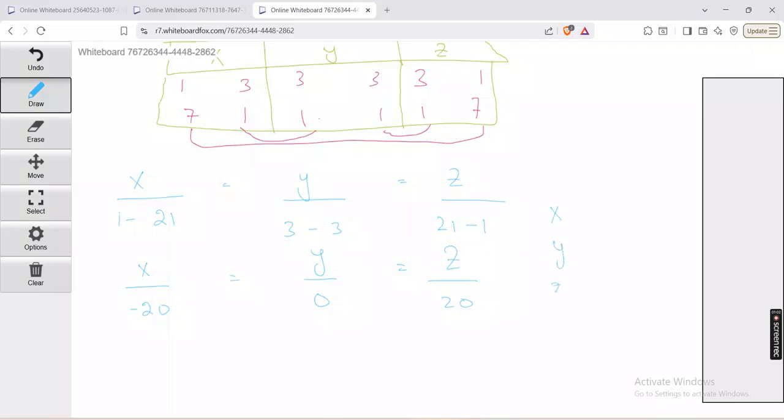X, y, z, what will you get? Minus 20, 0, 20. So can we do it like this? Minus 1, 0, 1. And this is for lambda is equal to minus 2.